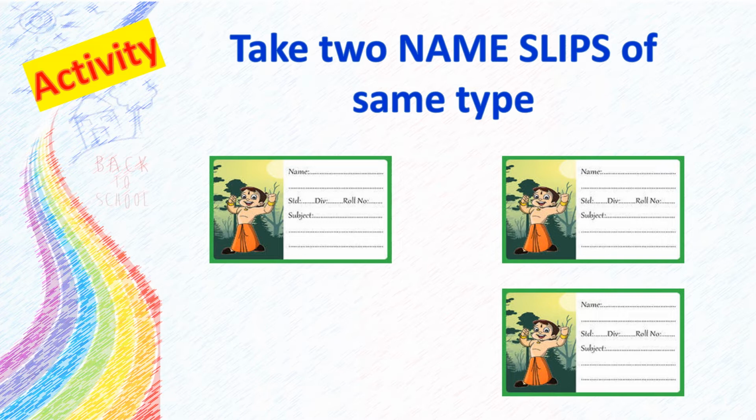Is it visible to you, the one that has moved underneath? No, it is not visible, because this name slip has completely and exactly covered the name slip under it. The name slip has merged underneath. You are not able to see that now.